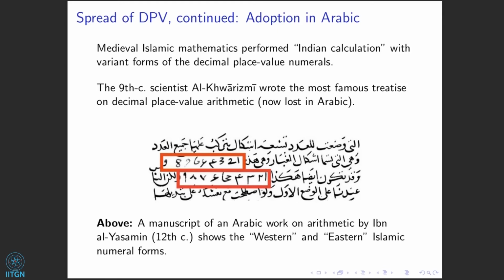That is, there were Western versus Eastern Islamic numeral forms of these same numbers, but you can see the family resemblance between these two systems, and also between those and the Indic script versions that we saw before.